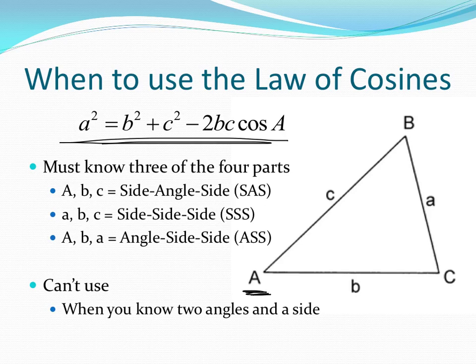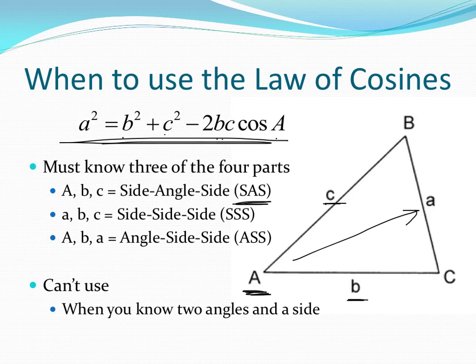Knowing angle A and the 2 adjacent sides, so knowing side-angle-side, gives you all of the information on the right-hand side of the law of cosines: side b, side c, side b, side c again, and angle A. Then you can just do the calculations on the right side of the equation to find the opposite side, a.